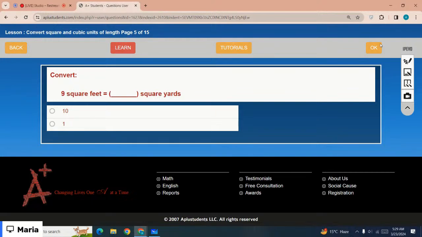The correct option is 1 square yard. The correct option is 1.